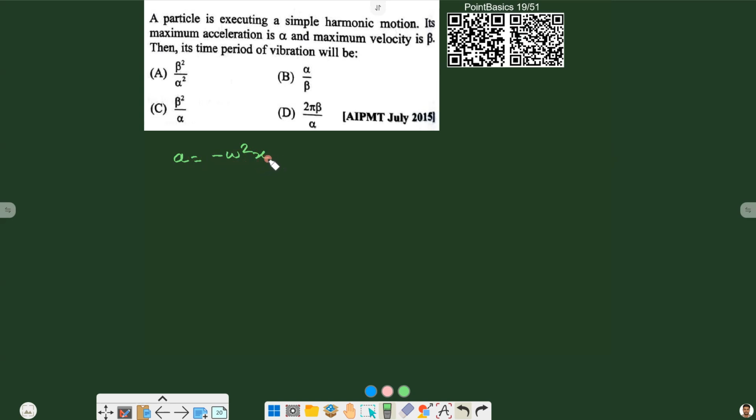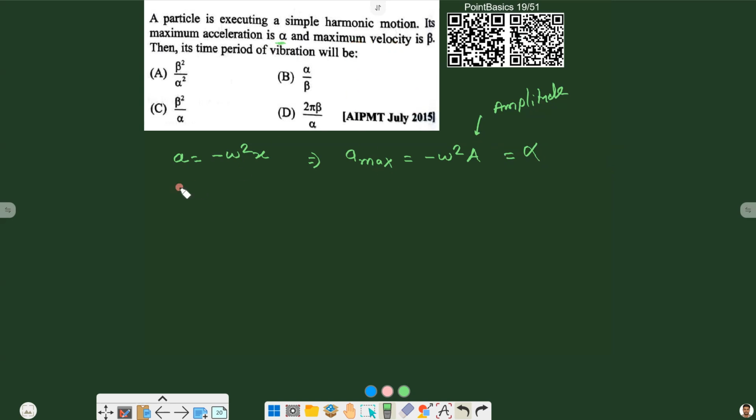The maximum value of displacement is equal to amplitude, so a max is equal to minus omega square into amplitude. We denote amplitude by capital A, and this value is given equal to alpha.